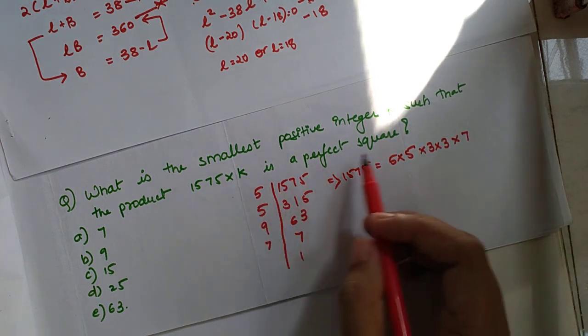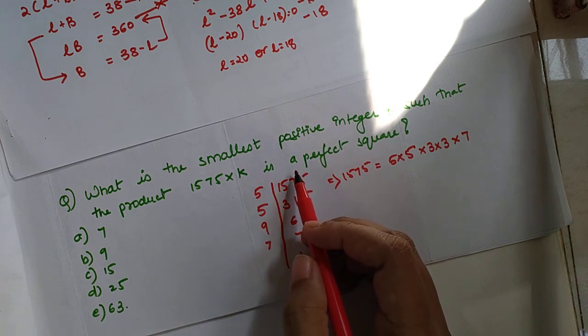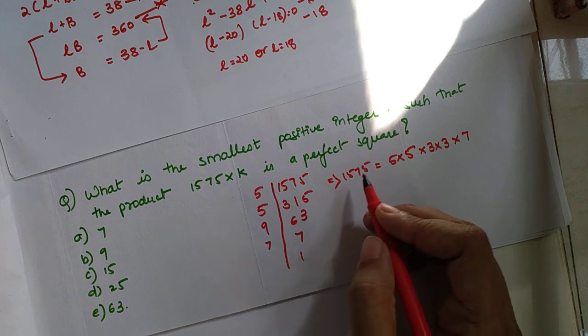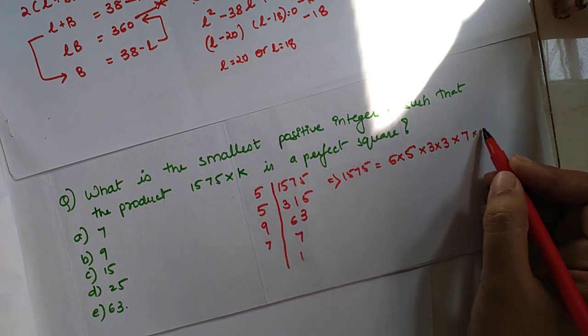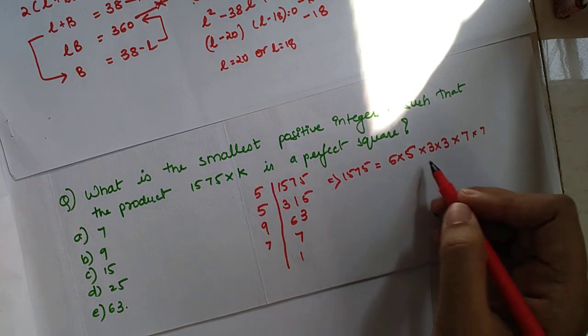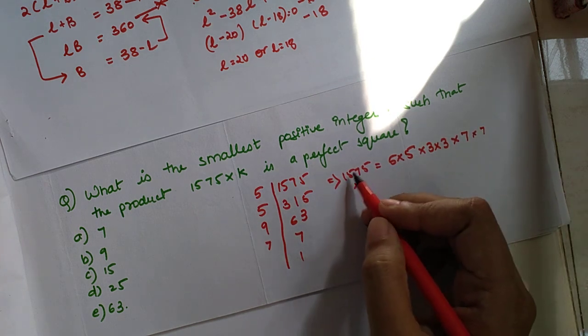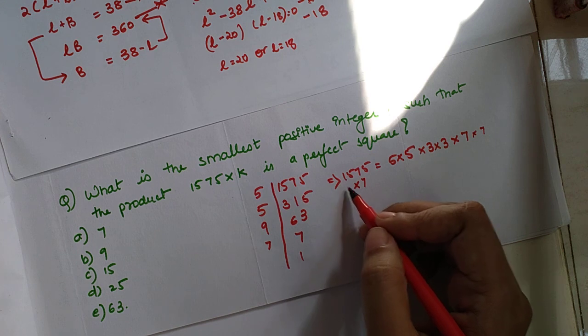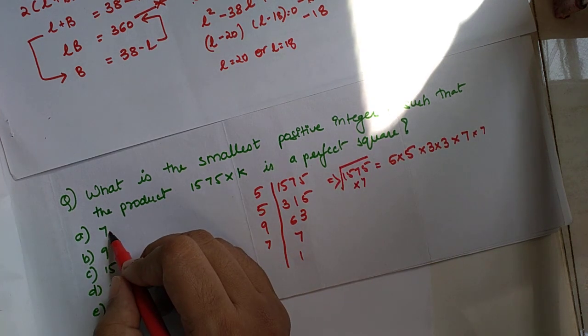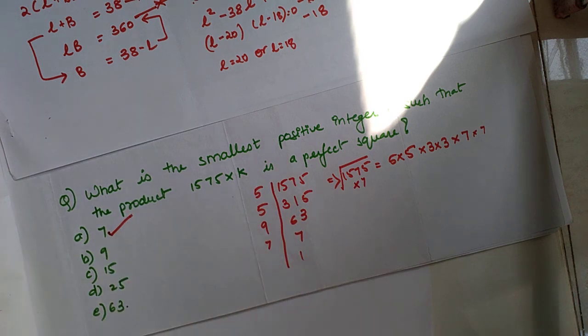But in order to make 1575 a perfect square, you should have one more 7 over here, right? If you had one more 7, only then this number when multiplied by 7 will become a perfect square. So here your option A is the correct option.